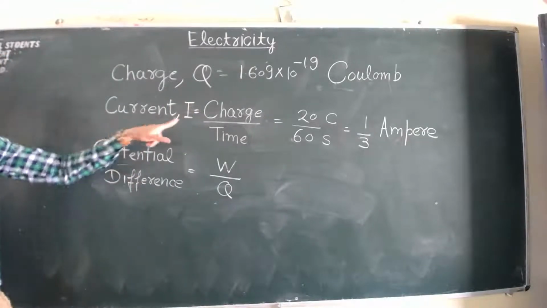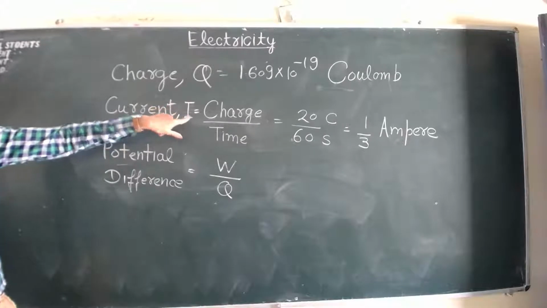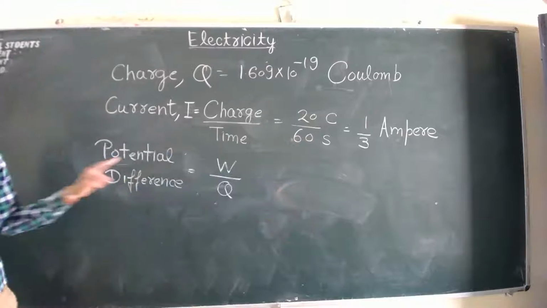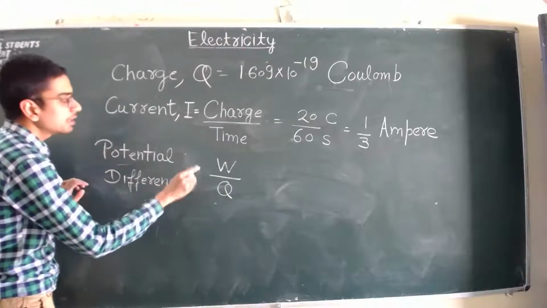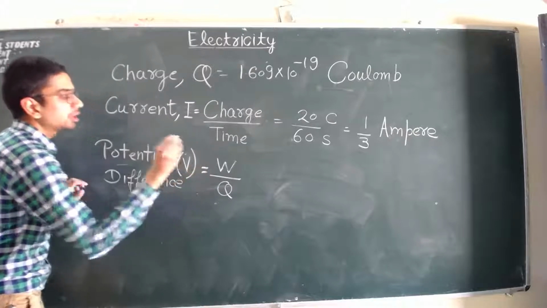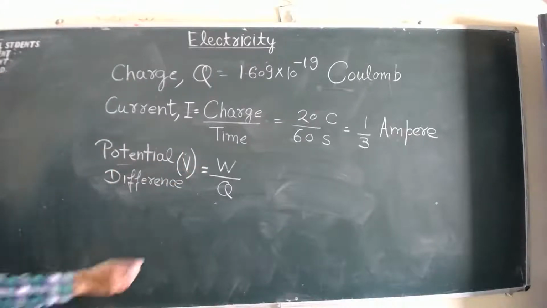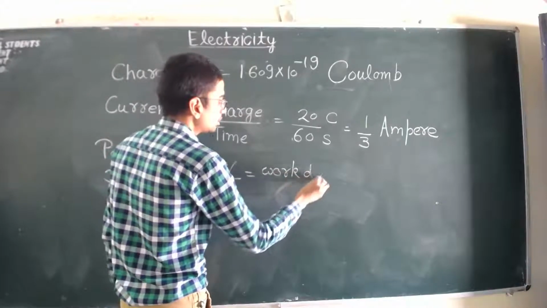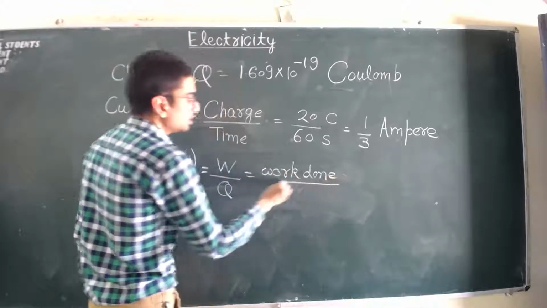करंट is denoted by I for ice cream, I. करंट I की यूनिट है एम्पियर. Potential difference we write by capital V, and the unit of potential difference is... what is the formula? Work done per unit charge.